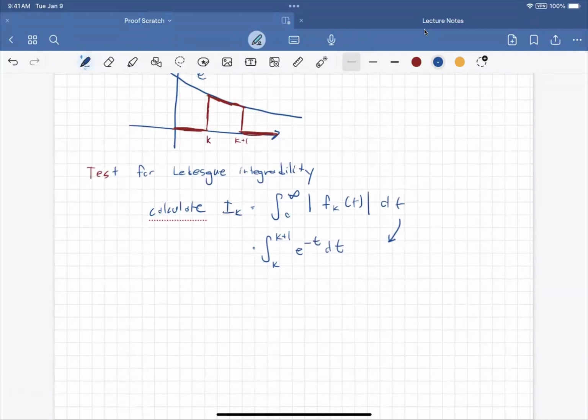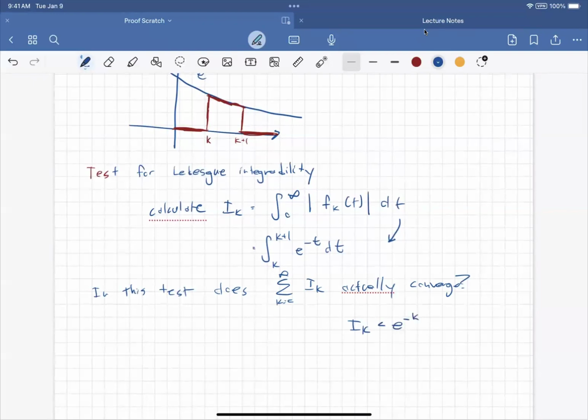So in this test, does the series from k equals 0 to infinity of I sub k actually converge? We can do this using the convergence test, if we say that each kth integral is less than e to the negative k here.